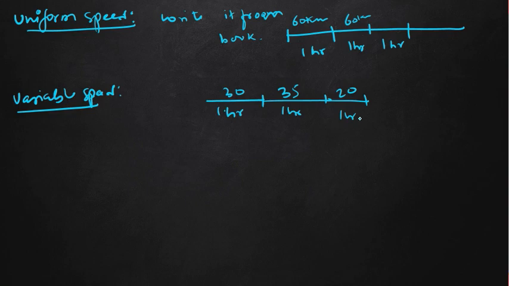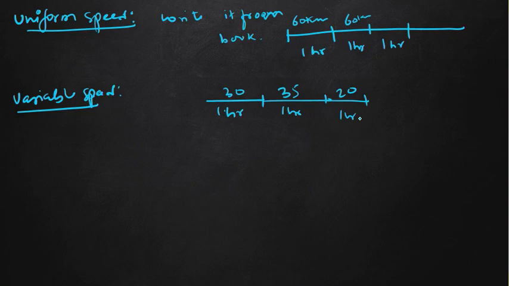That is called variable speed. Generally when we ride a bicycle or drive a car at a particular speed, some obstacles come, either a cow or other traffic, so our speed changes. That is known as variable speed.